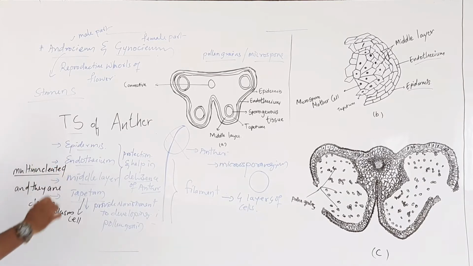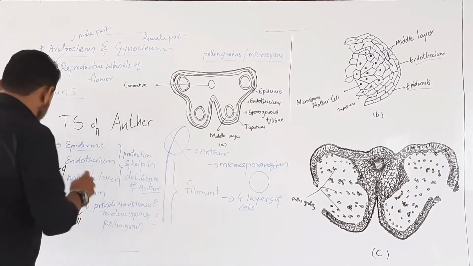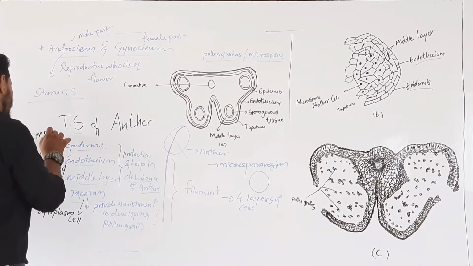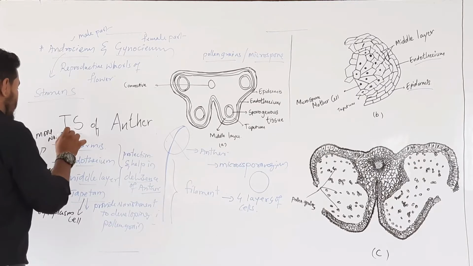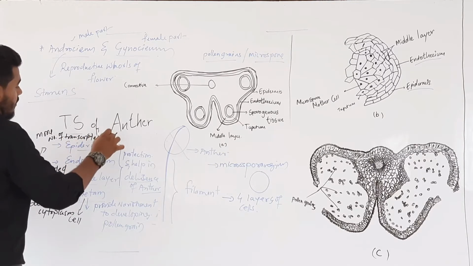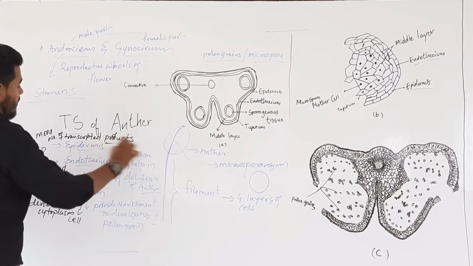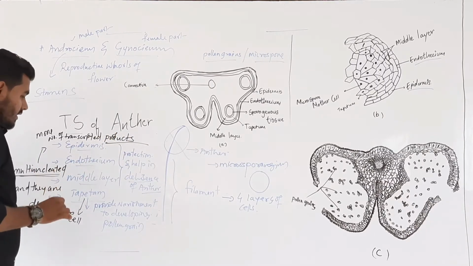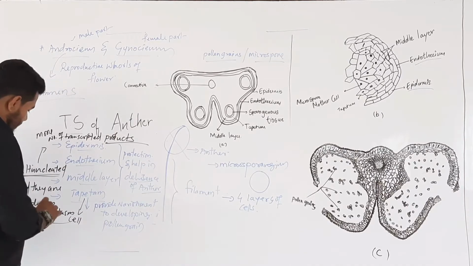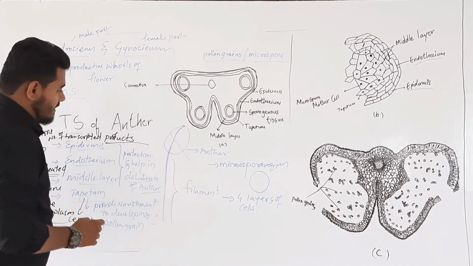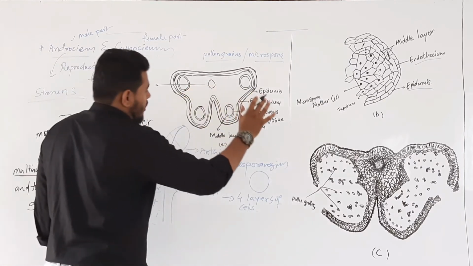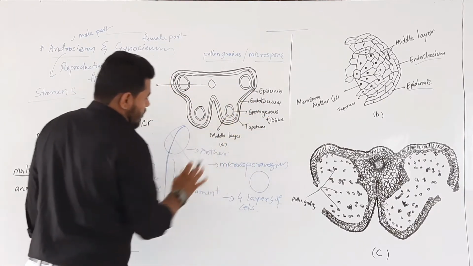They have to produce more transcripted products. That is why the nucleus number increases, and for the metabolic activities the cytoplasm is dense. So this is about the structure of a microsporangium.